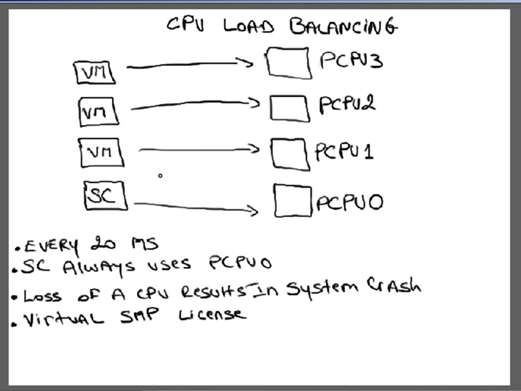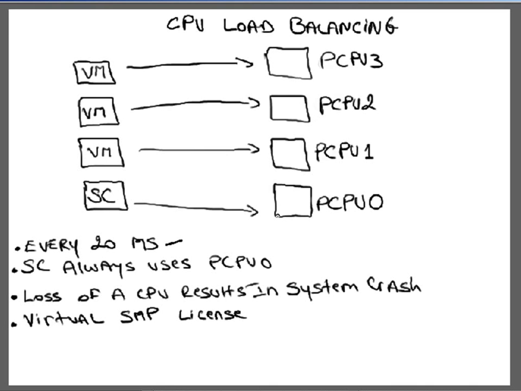So what happens here is every 20 milliseconds, the VM kernel is going to go around the physical CPUs, take a look at the load on these physical CPUs, and if it notices that there's a lot of load on one physical CPU and there's not a lot of load on the other one, it's going to shuffle those virtual CPUs between the physical CPUs in a way that would make sense and would lessen the strain that you have on a physical CPU.